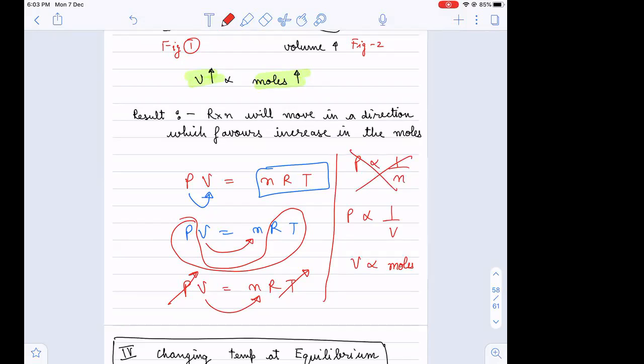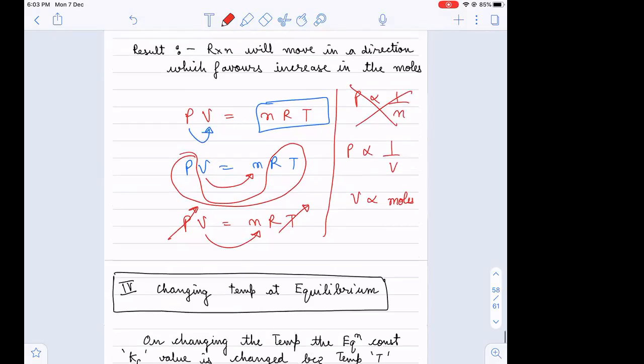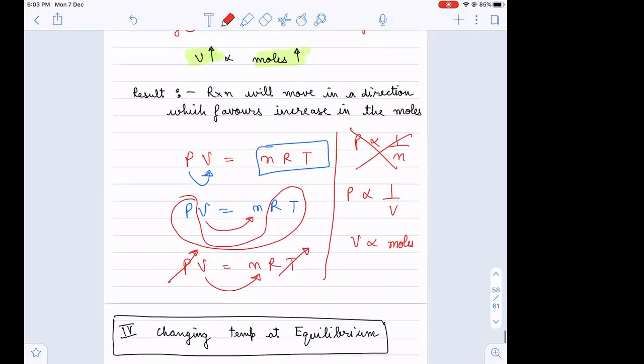Now let me tell you one thing here. What I am teaching you in Le Chatelier is a very easy version. This thing is known as a funda. This is not the absolute logic. There is a difference between a funda and absolute logic.